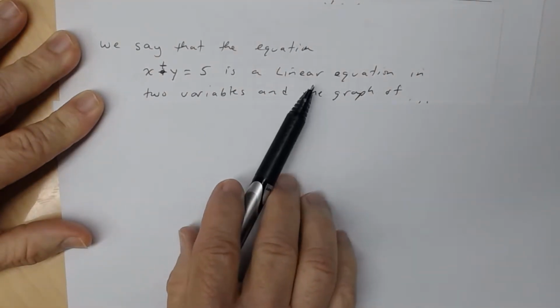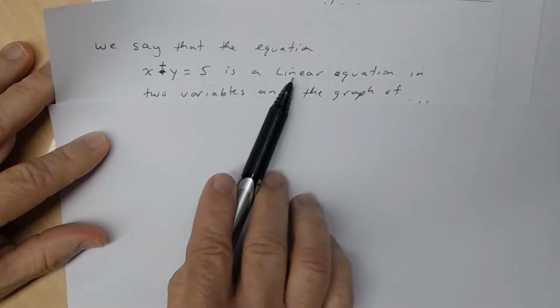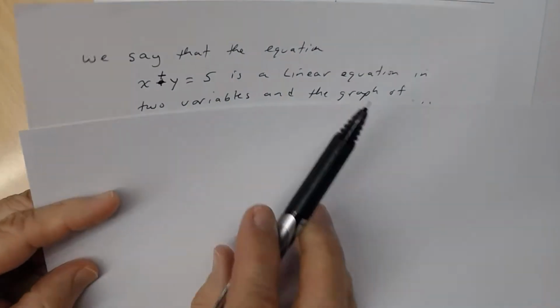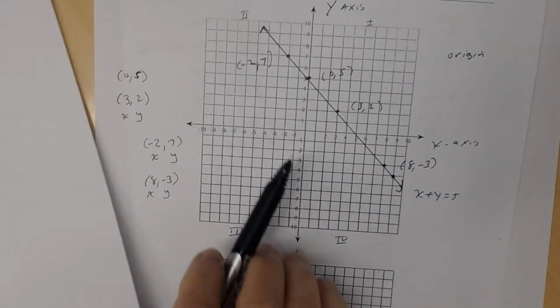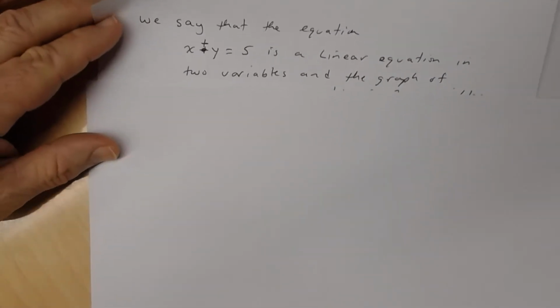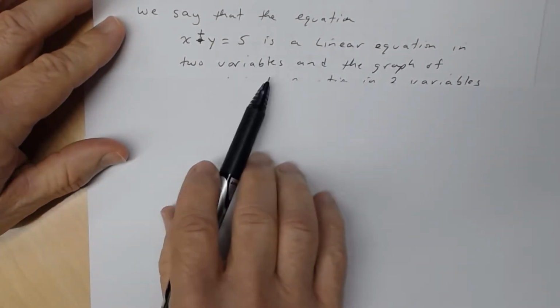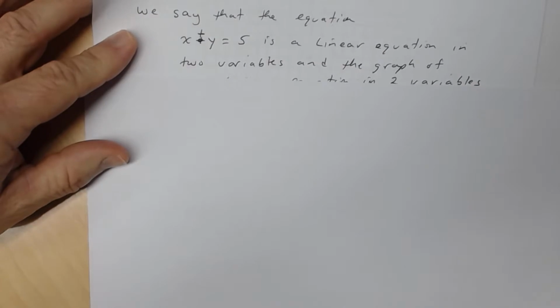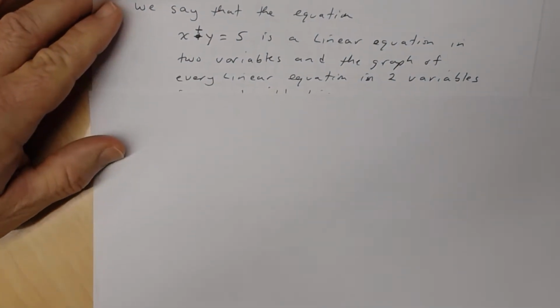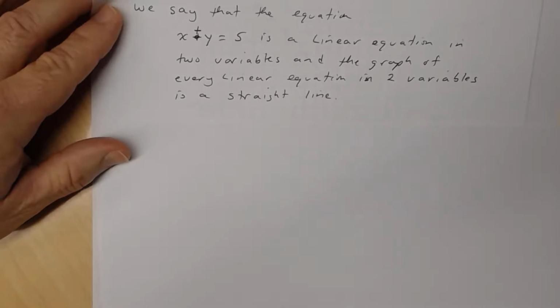Now notice in the word linear is the word line. It's called a linear equation because when we graphed it, we got a line. All right, so x plus y equals 5 is a linear equation in 2 variables, and the graph of every linear equation in 2 variables is a straight line.